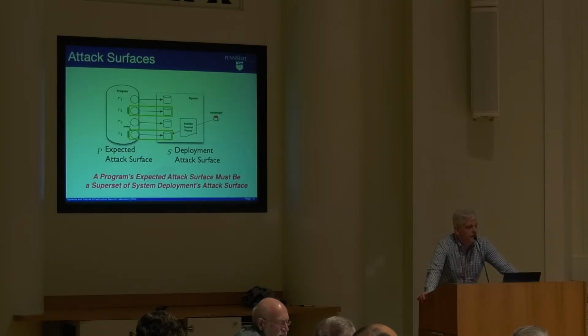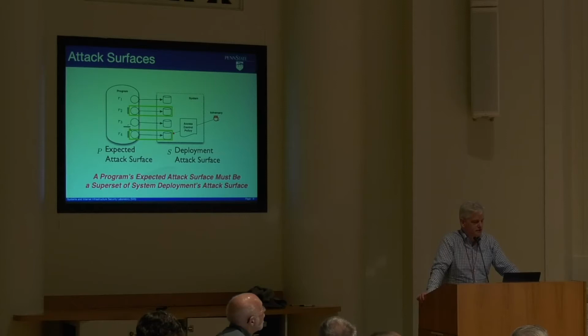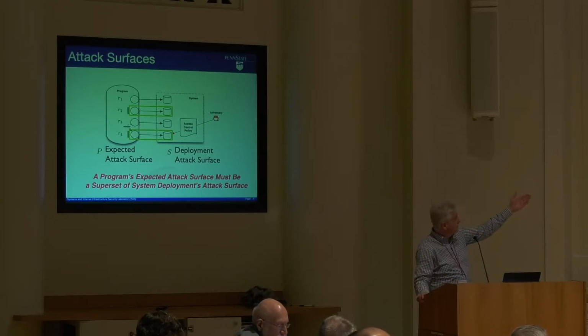And so both of these attacks relate to our challenge of protecting these attack surfaces. And so what we find here is we're looking at the expected attack surface that the programmers are defending on the left, and the attack surface that the deployment is giving us on the right.